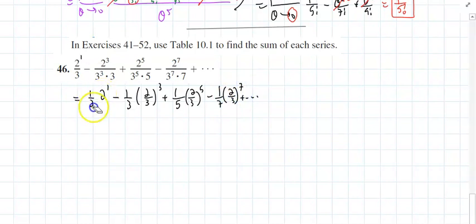So actually, if I'm trying to get a pattern, wouldn't you say this is a power of 1, 3, 5, 7?